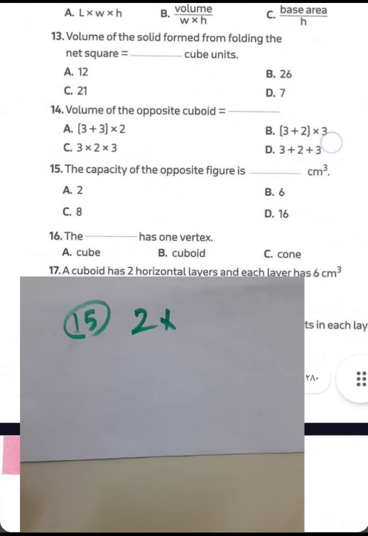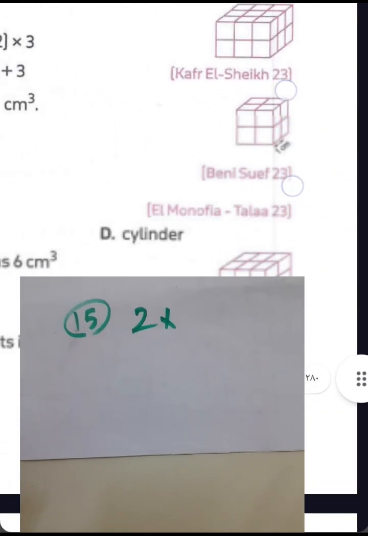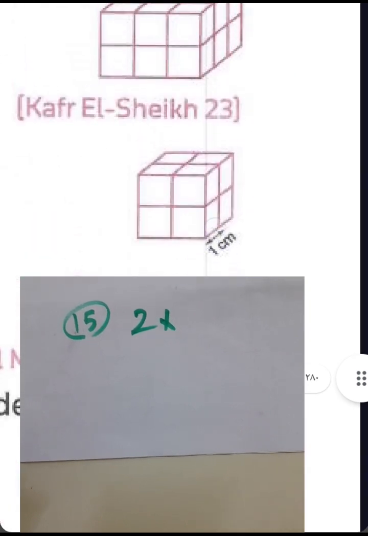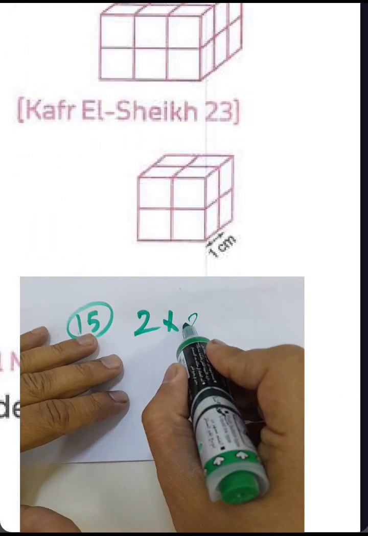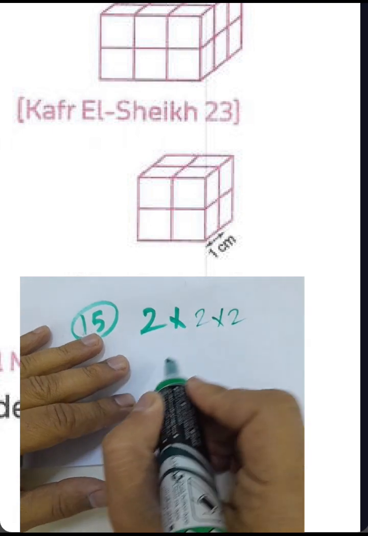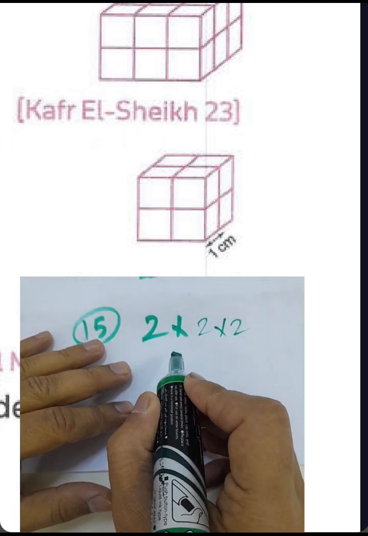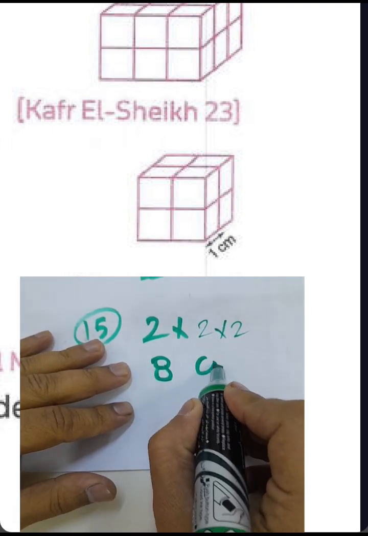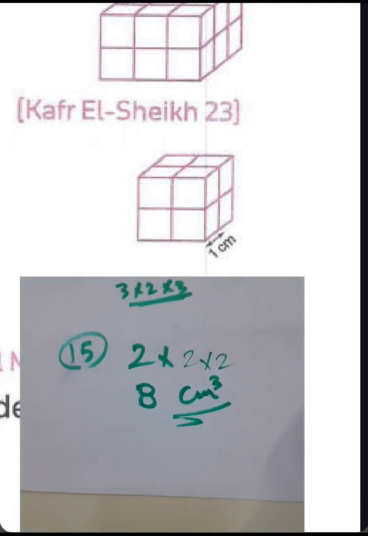Okay, it was question 15. Length 2 and width 2 and height 2. It's a cube. The volume of a cube equals length times length times length. It will be 8 cubic centimeters. That's the volume for question 15.